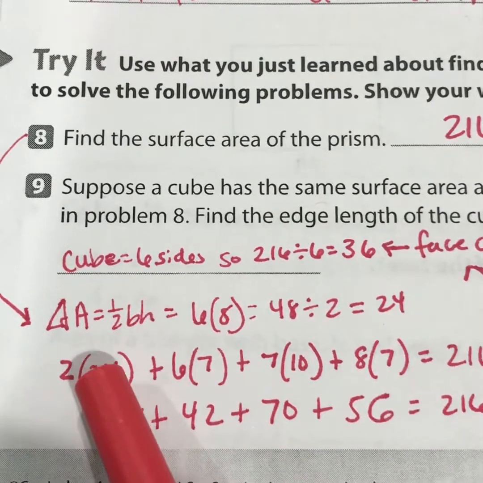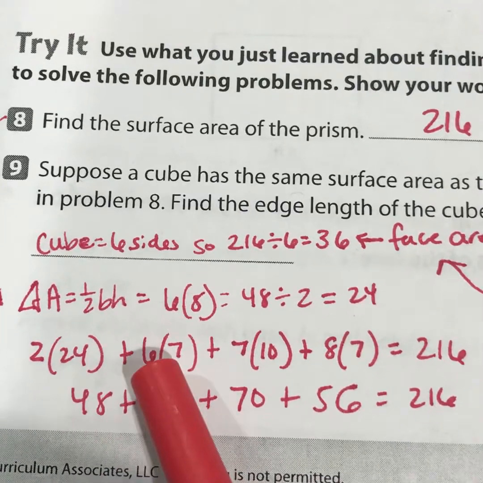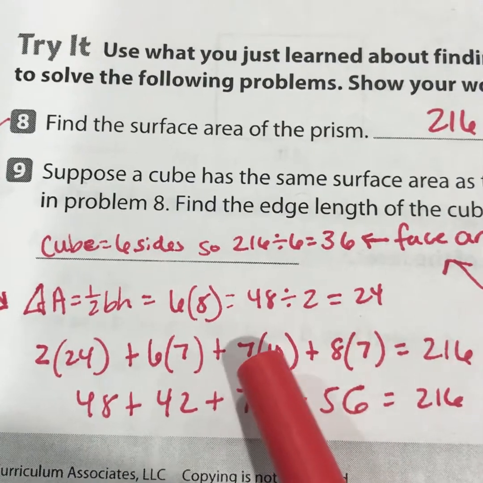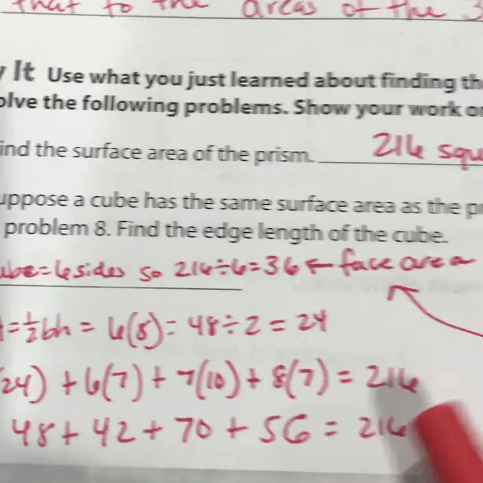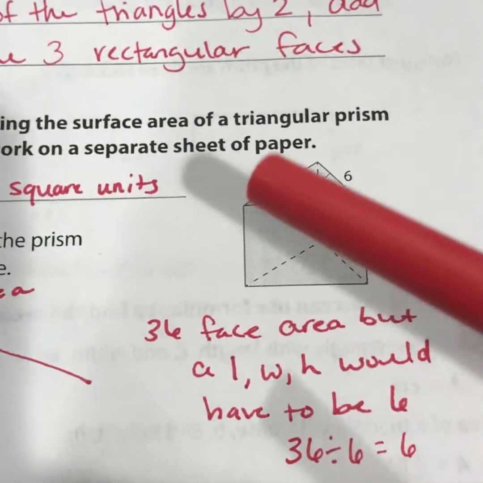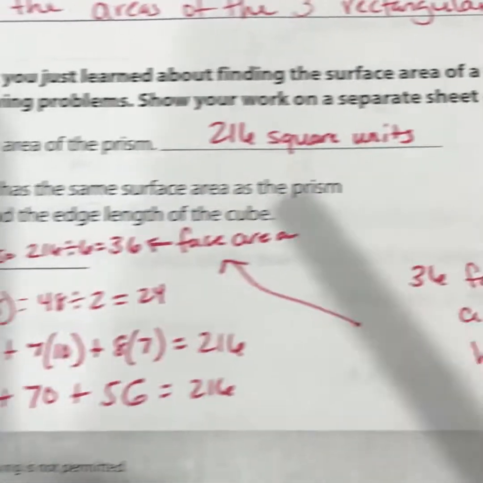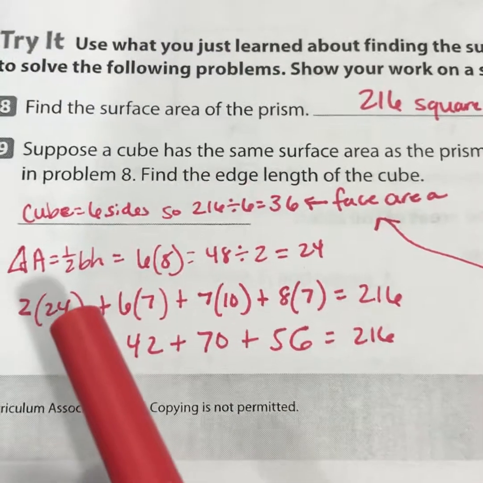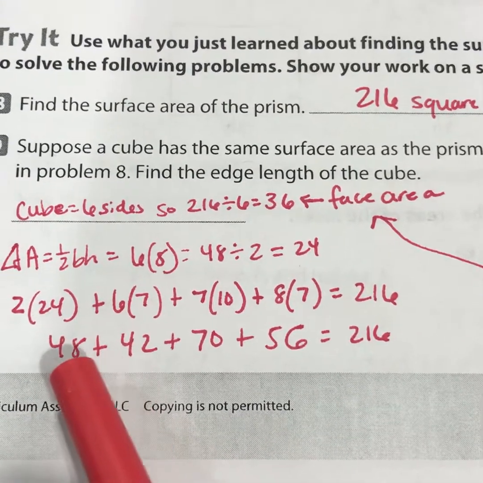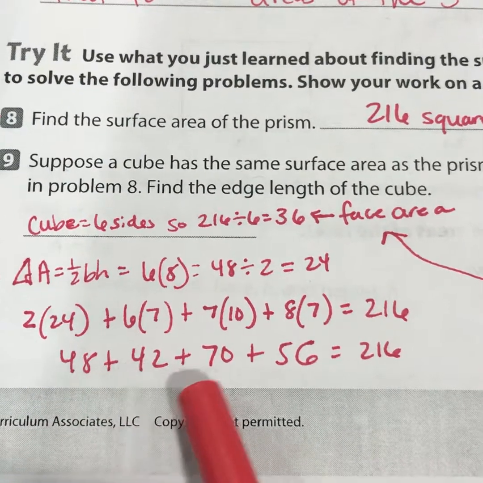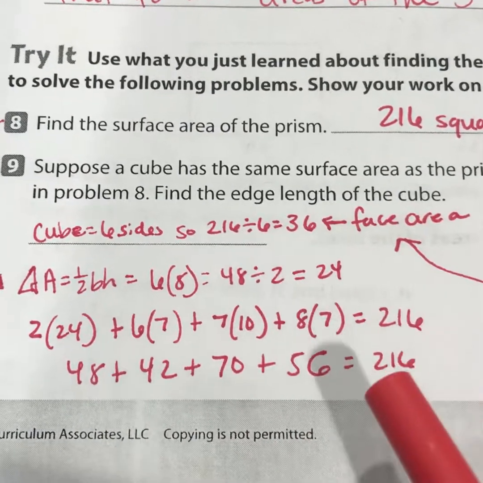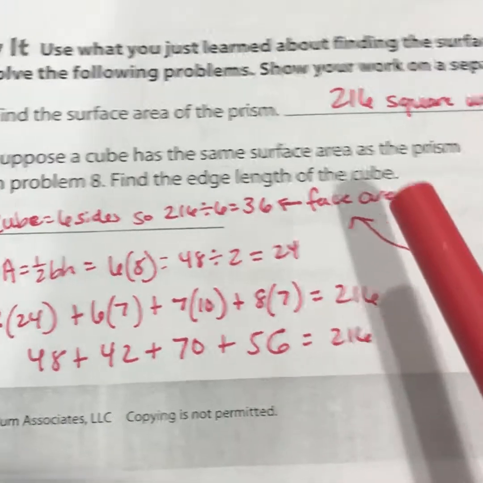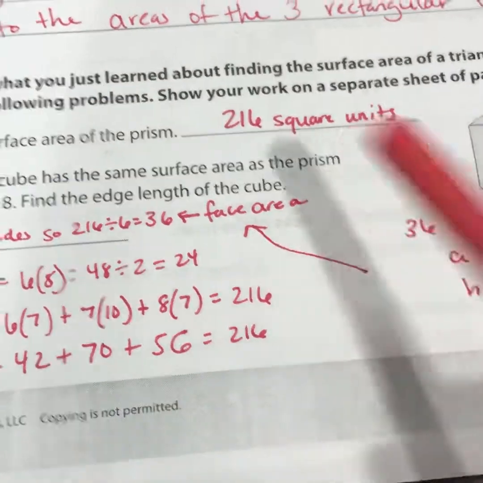The 2 triangles times 24, 6 times 7, 7 times 10, and 8 times 7. Those are the last 2 given, 8 and 7, that we didn't work with. When you simplify those, you get 48 plus 42 plus 70 plus 56 equals 216 square units.